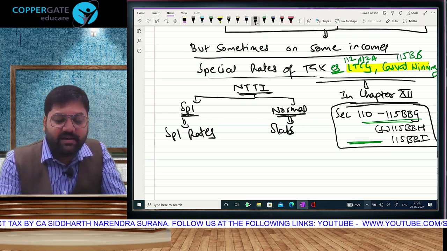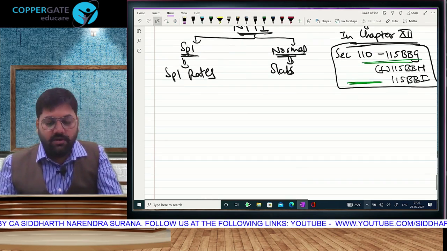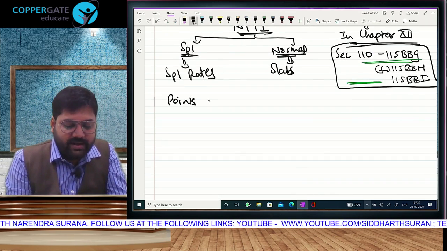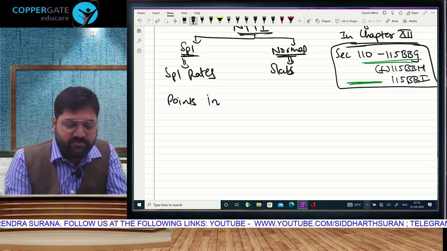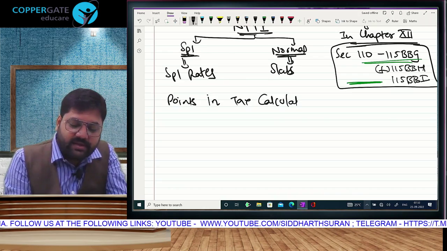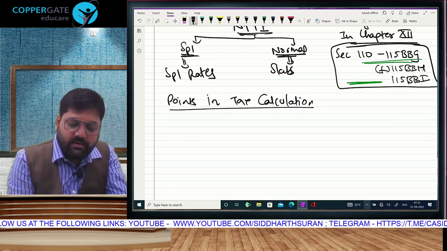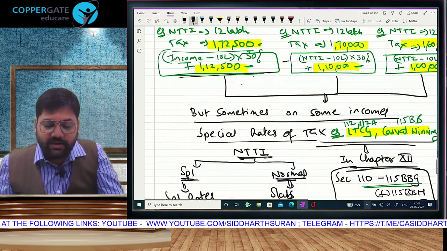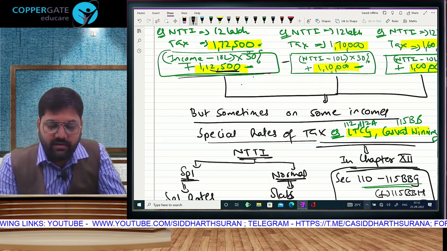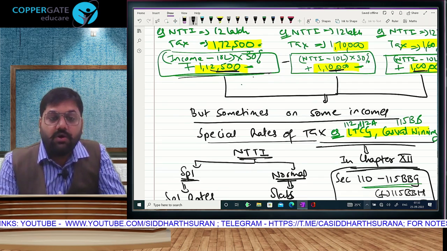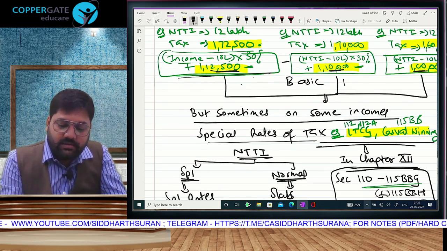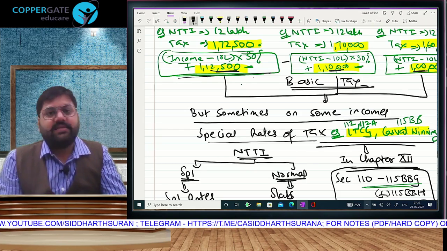But even then our tax calculation is not over, because even after slabs, there are some points that you have to note in tax calculation. Whatever tax you have calculated here, whether 1,12,500, 1,10,000 or 1 lakh, this tax is known as basic tax.